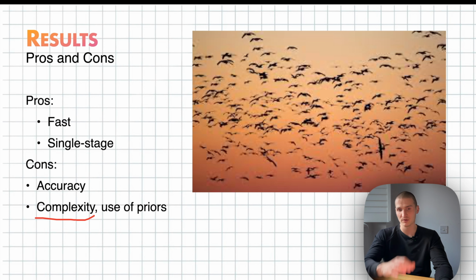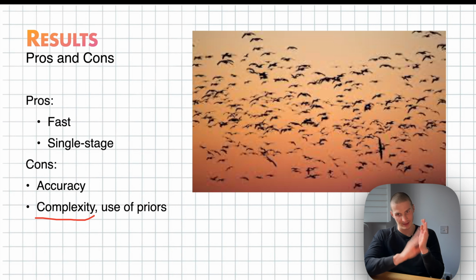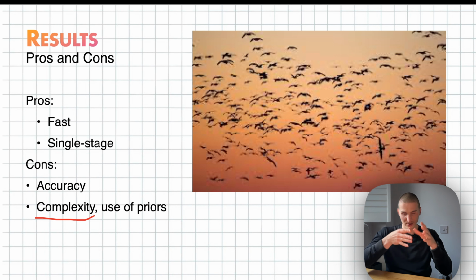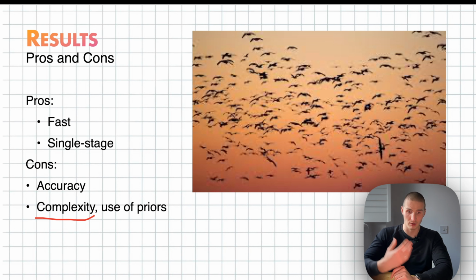Another problem with the approach is the complexity. The code for the model and for all the components like the anchor boxes, the grid matching, and the non-maximal suppression is quite complex. Also, we need to have some prior knowledge of the data. Anchor boxes have to match potential objects in an image.